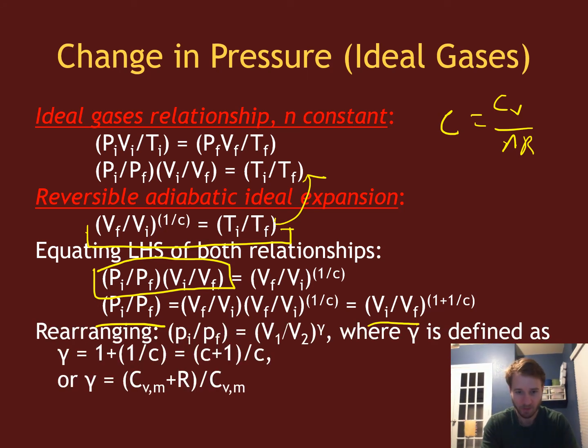Okay. And then finally, rearranging things, you can get this equation of the ratio of pressures to the ratio of volumes to some gamma power, where gamma is just 1 plus 1 over C, which is the molar heat capacity, constant volume, plus R divided by the molar heat capacity.